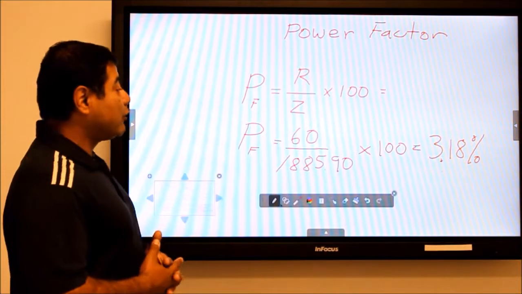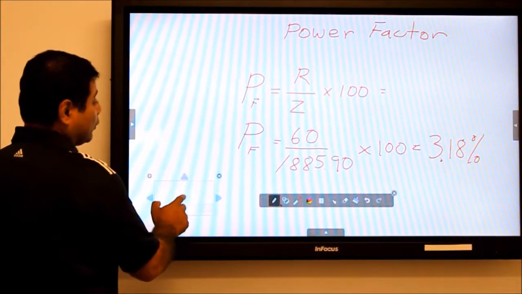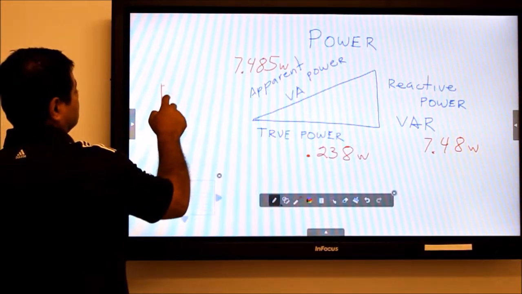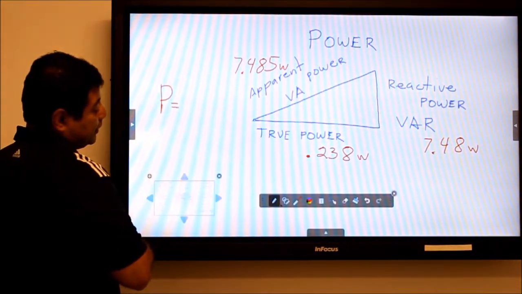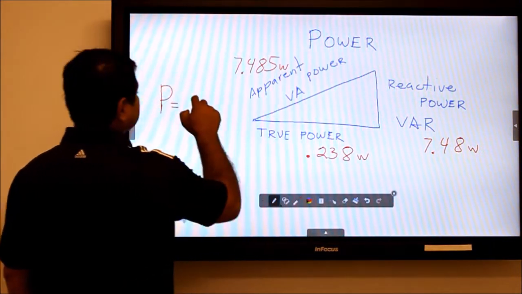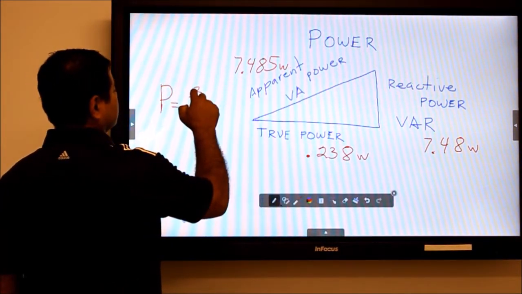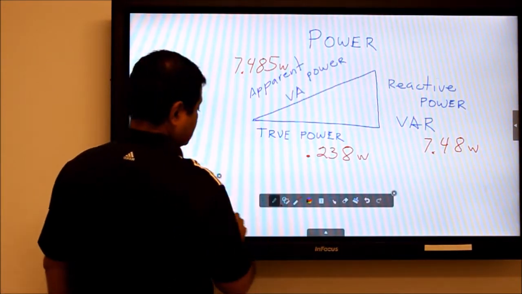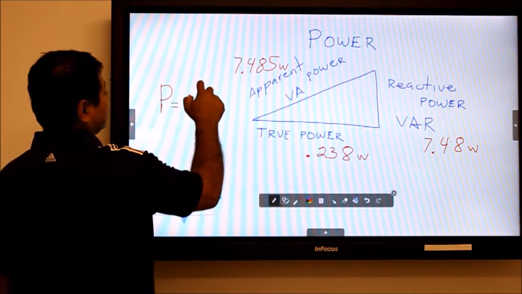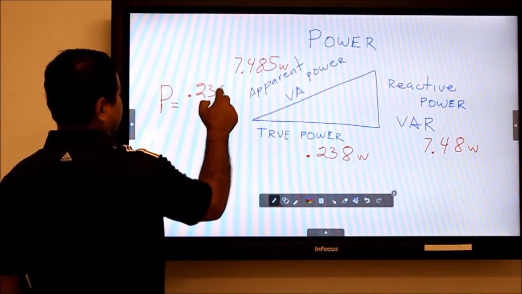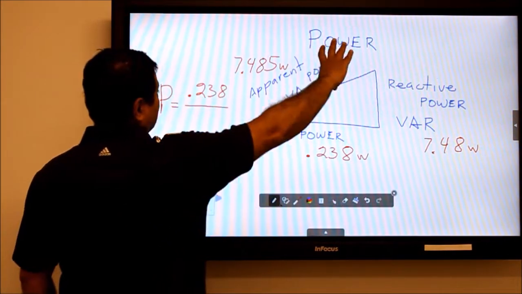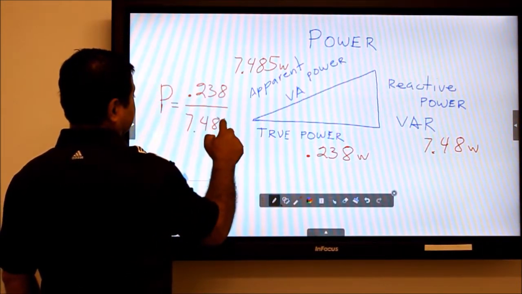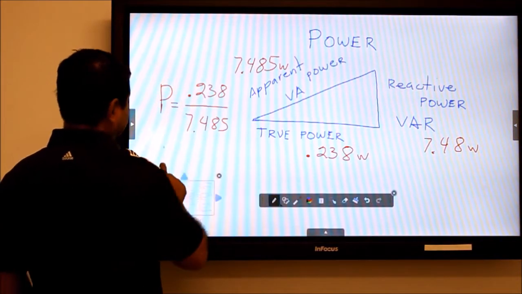Another way that you can get your power factor is to go back to your power values. And you do the same thing. You get the power for the resistor. The power for the resistor is 0.238 over the overall power, 7.485, and then you multiply that times 100.